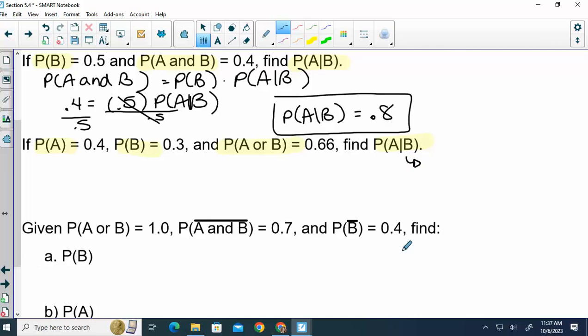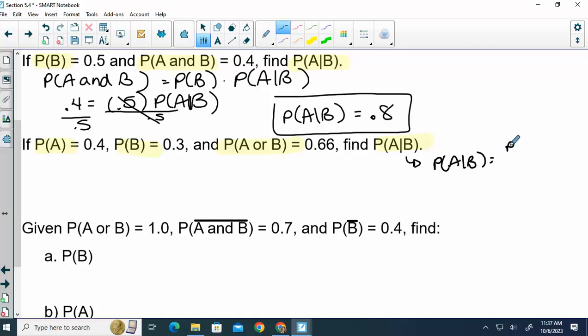We could use a couple different ones. So you could use the multiplication one that we were just doing, or we could do the conditional probability rule.